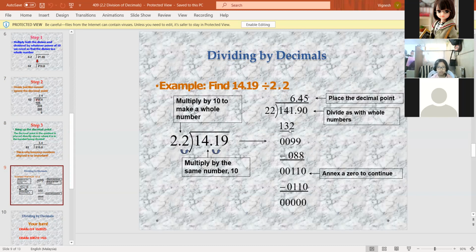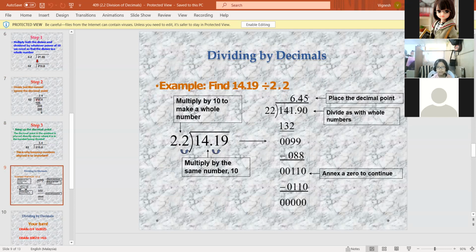So place the decimal point here, correct? So it becomes 9. You bring the 9 down. 4 times 22, it becomes 88. Correct or not? 88. And then 11.